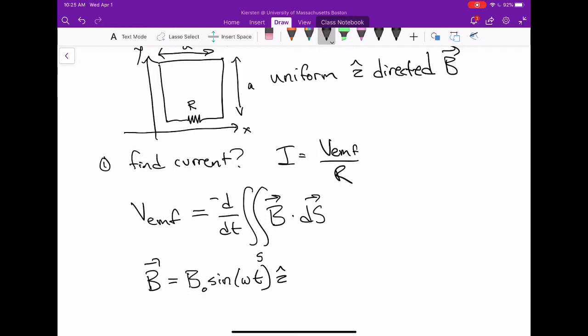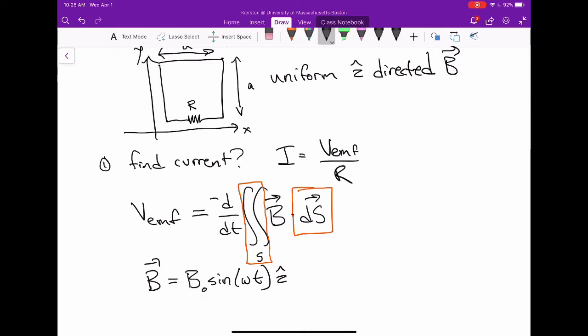Now, nothing about our loop is changing, which means that nothing about this surface integral is changing, right? There's not going to be any change to the bounds of this flux integral, and there's not going to be any change to our vector ds.